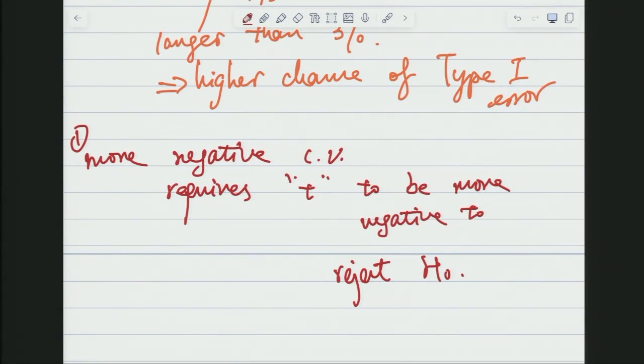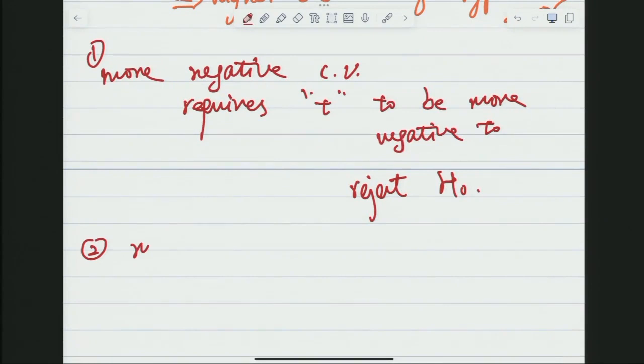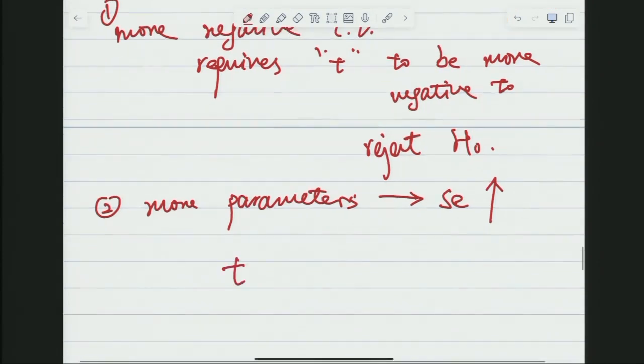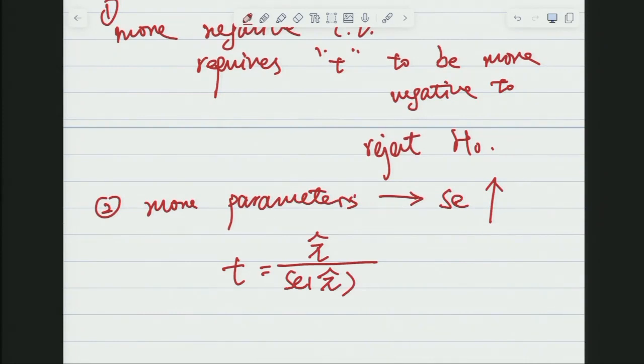Now, if we have included more terms, we have estimated more parameters, okay? The more parameters, the higher the estimation error, the less accurate your estimates will be, which implies a larger standard error. Now, remember the t statistic is essentially pi hat divided by the standard error of pi hat. Suppose pi hat remains roughly the same regardless of whether you included or excluded some deterministic component.